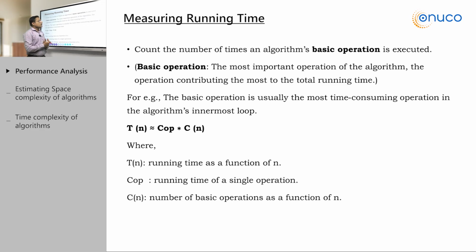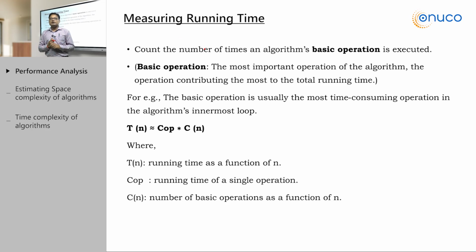While we are talking about time complexity, measuring running time, we focus on finding basic operations. A basic operation means our operation or instruction is going to repeat again and again and perform a certain task.